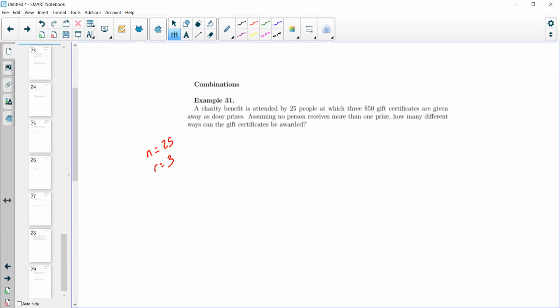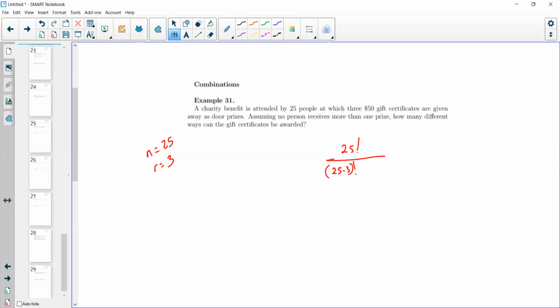So we can calculate the permutations, right? Which was 25 factorial over 25 minus 3 factorial. But with permutations, the order matters. If we were giving away three different values of gift certificates, the order would matter. But since they're all the same, it doesn't matter.